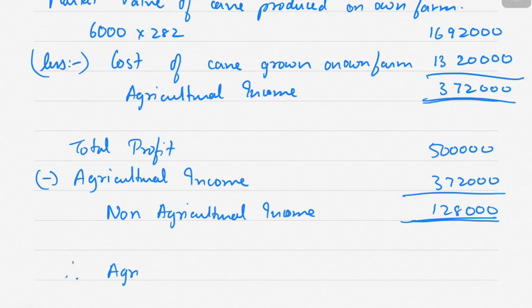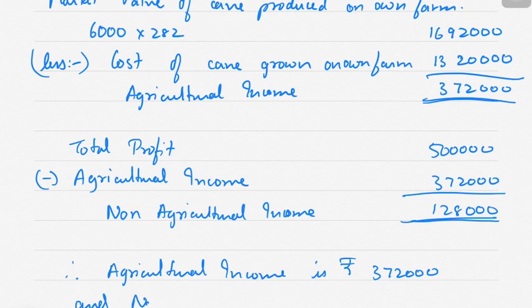Therefore, agricultural income is rupees 3,72,000 and non-agricultural income is rupees 1,28,000.